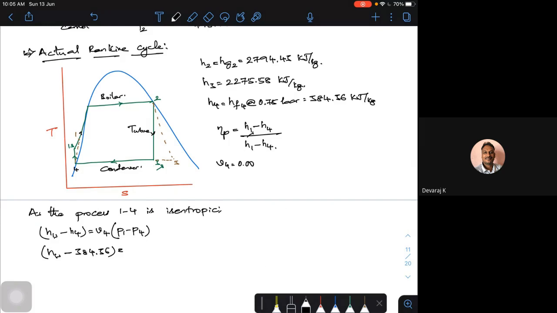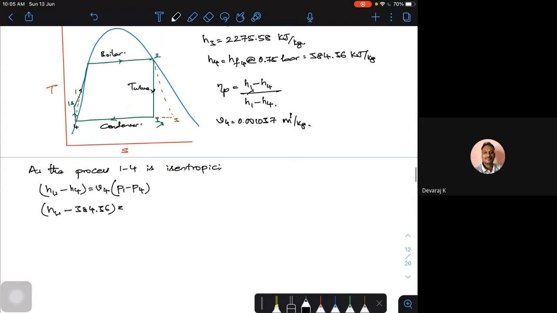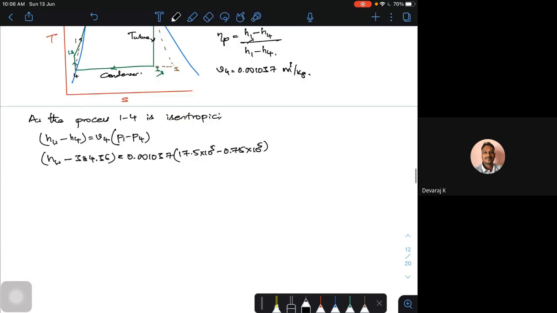That is the specific volume at that point. Let me substitute that: 0.001037 into 17.5 into 10 to the power of 5 minus 0.75 into 10 to the power of 5. So we have to get the H1S value.